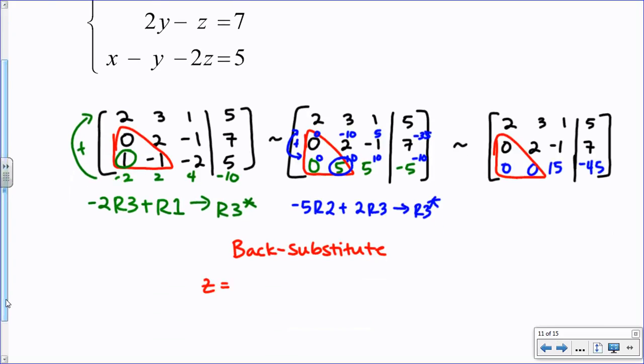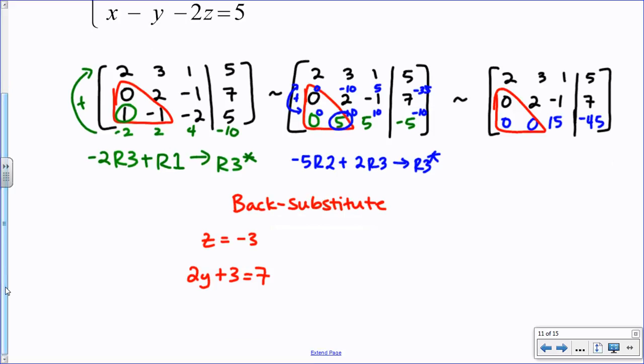So you have 15z equals negative 45, so z is negative 3. So y: 2y minus 1 times negative 3 is plus 3 equals 7, so 2y equals 4, y equals 2. Then let's find x.